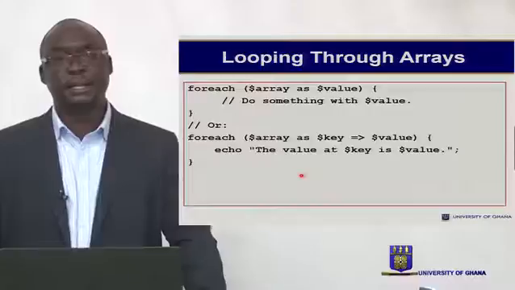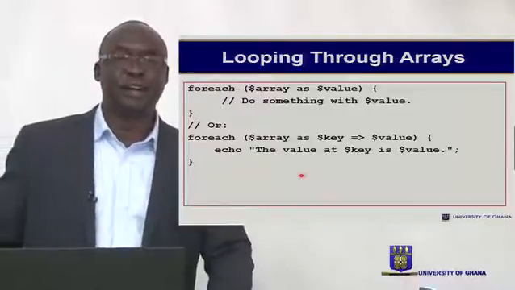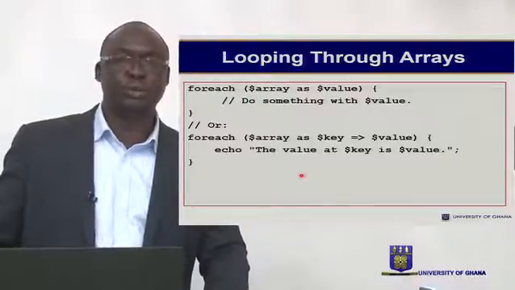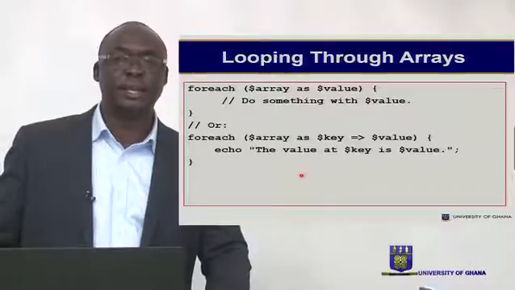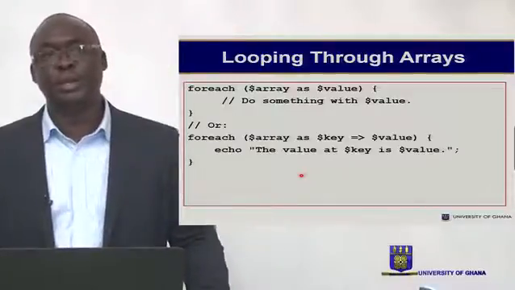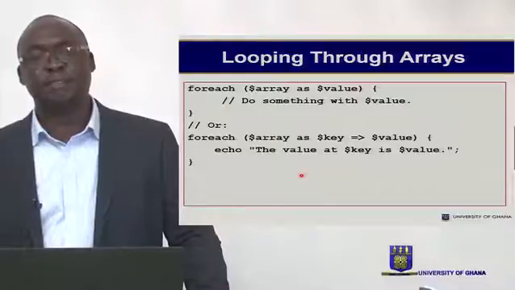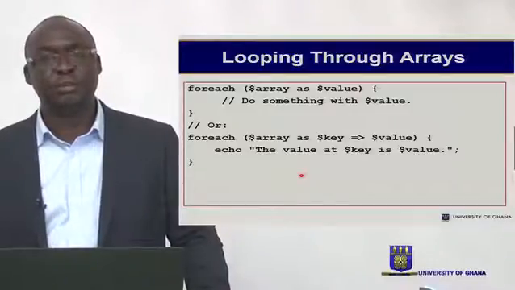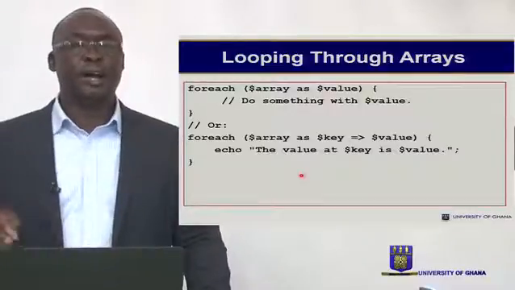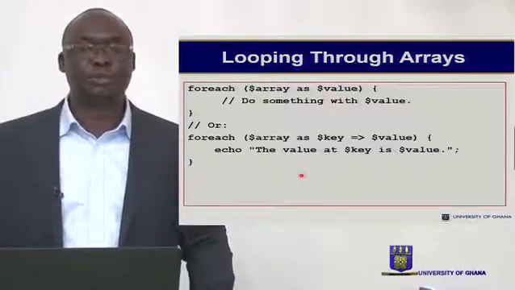And the syntax is foreach of the array variable as value. So each array item at any instant of the loop will be represented by the value. So the value represents each array item, and as you go along, the value changes all the way to the end of the array.